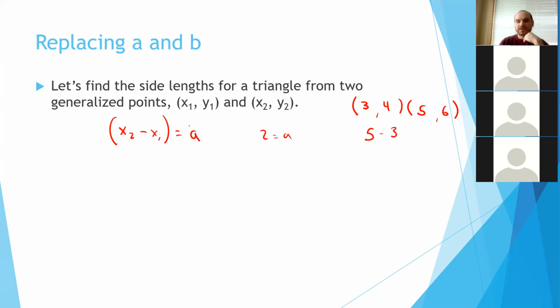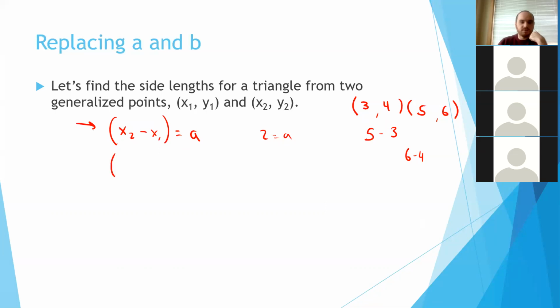Then what would the vertical difference be? So the difference between the y coordinates. Right, so over here it'd be 6 minus 4. What would it be for the generalized ones? Oh, I'm getting a lot of blanks here. If this is how we solve the difference between the x coordinates, how do you think we solve the difference between the y coordinates?